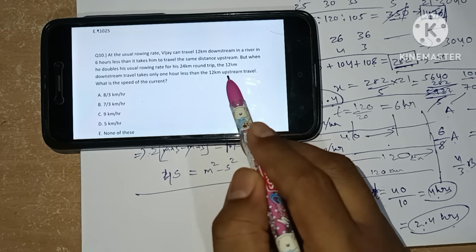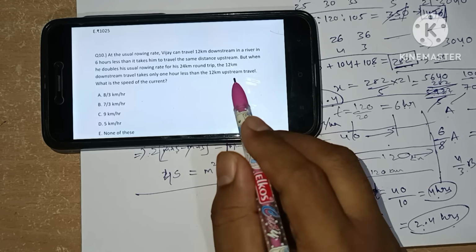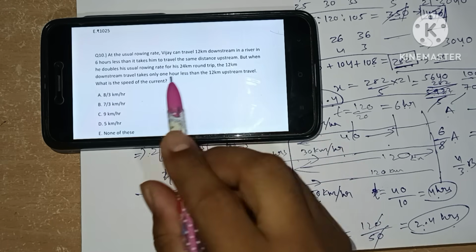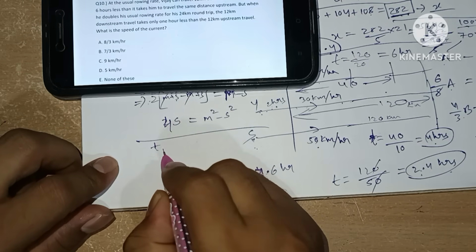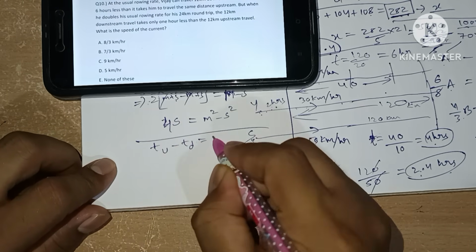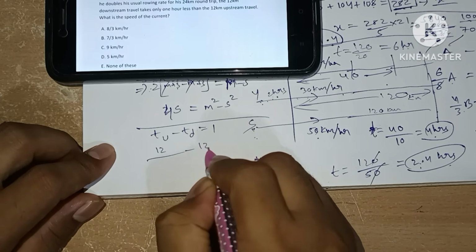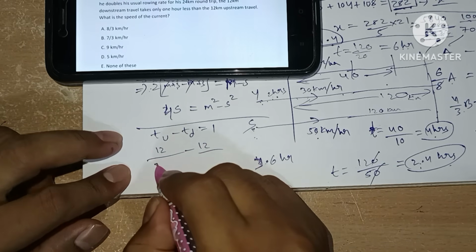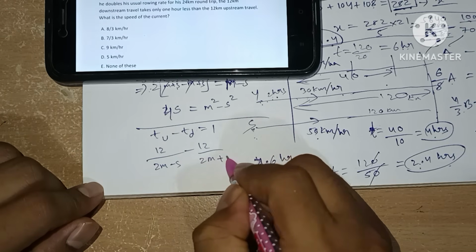When the speed of the boat m is taken as 2m, it takes only 1 hour less. So now the case is T up minus T down equals 1 hour. 12 divided by 2m minus s minus 12 divided by 2m plus s equals 1.